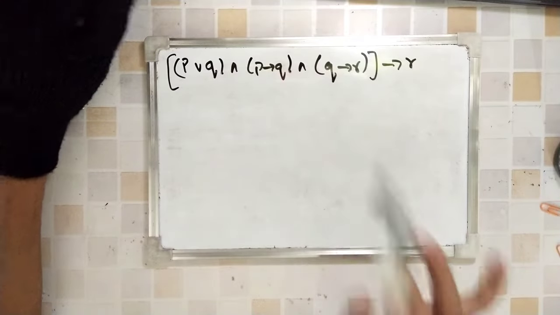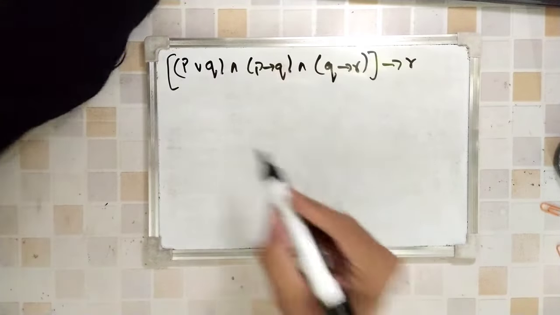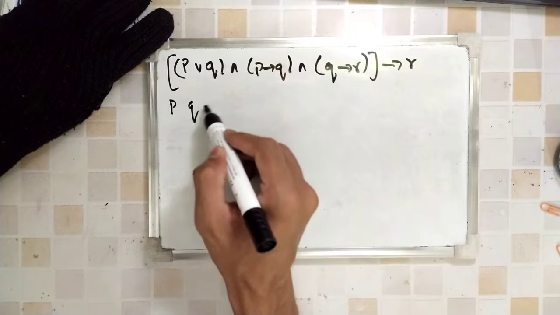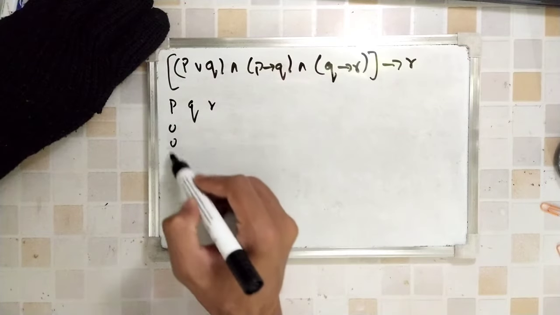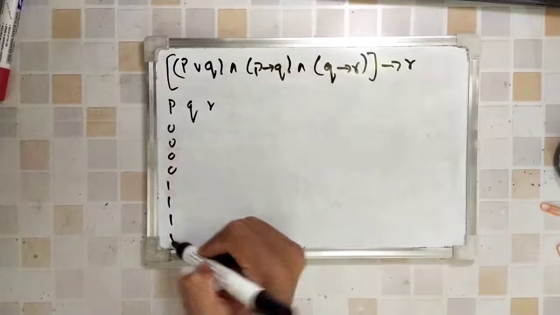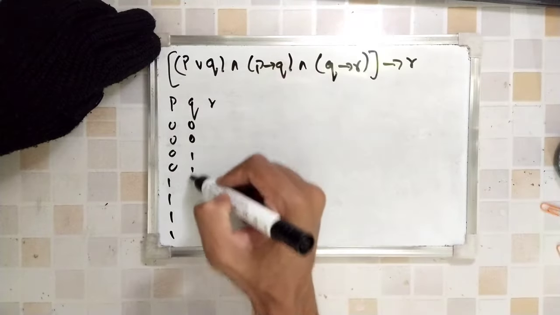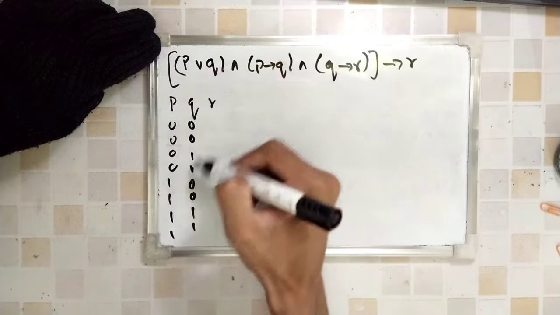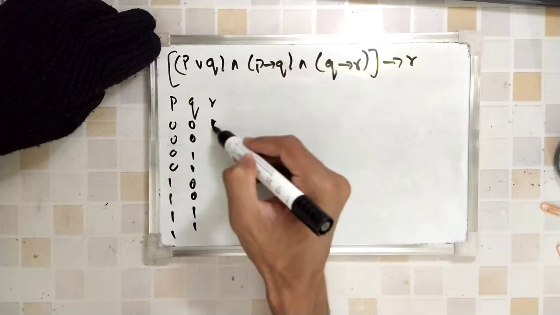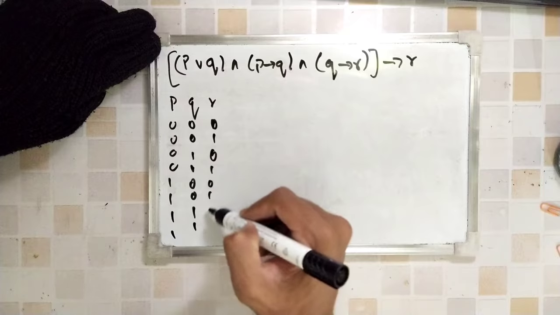So what you have to do now, first see 3 variables are there: P, Q and R. So it will be like this, right? Let me just put that table. 1 0 1 0 1 0 1 0 1.